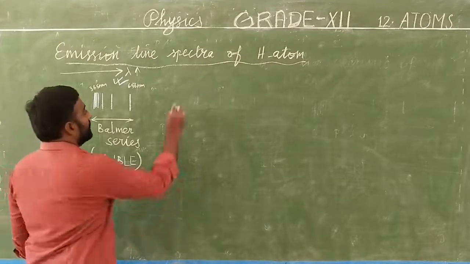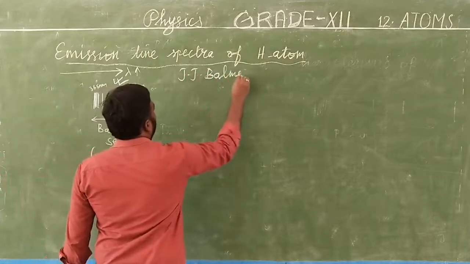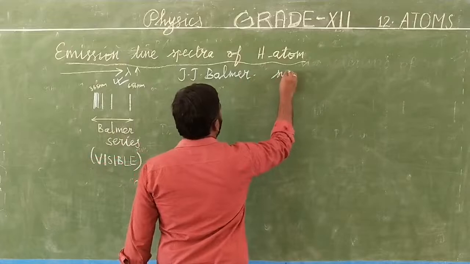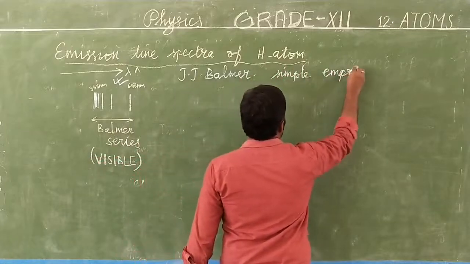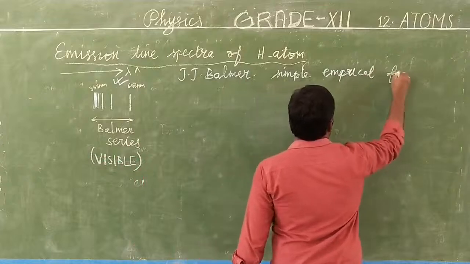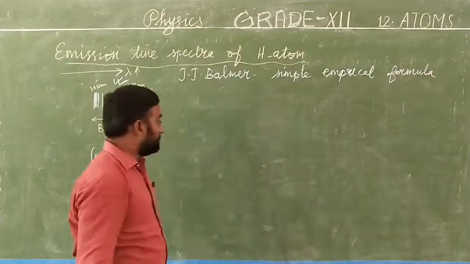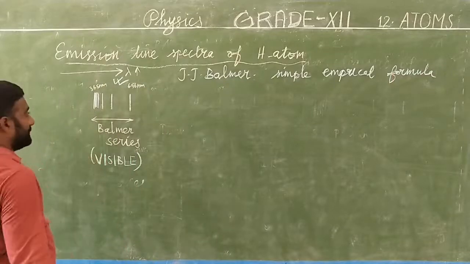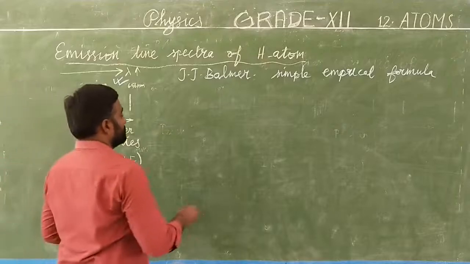So J.J. Balmer obtained a simple empirical formula for the hydrogen atom. How does it look? It looks small, so I'll maximize and draw it.